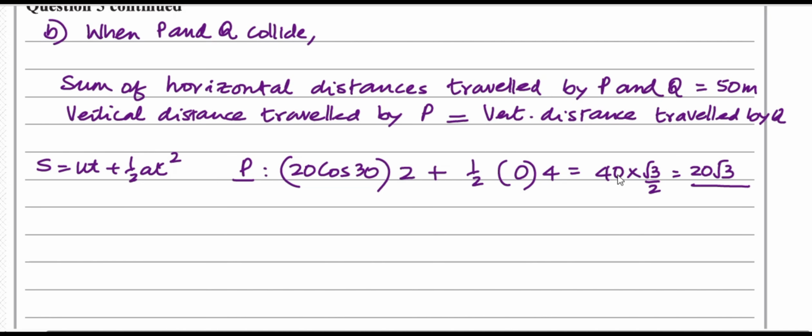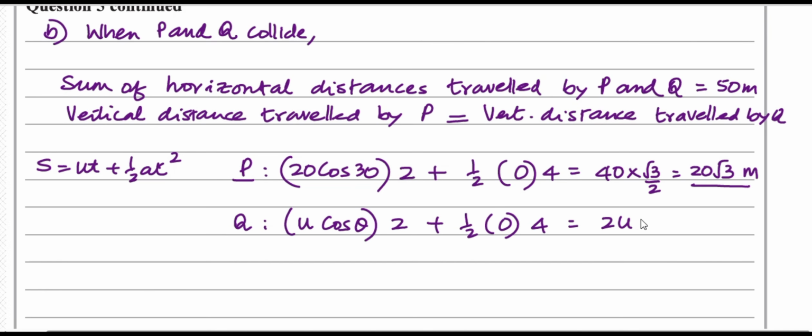And that is the distance, in meters. For Q, we do not know the velocity, therefore the initial velocity being u, it is u cos theta times 2, plus half times 0 times 4, which is equal to 2u cos theta.